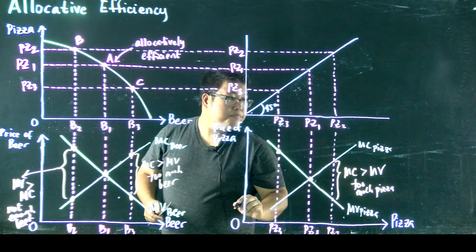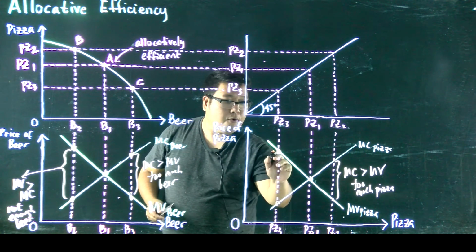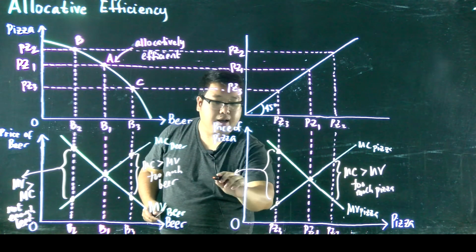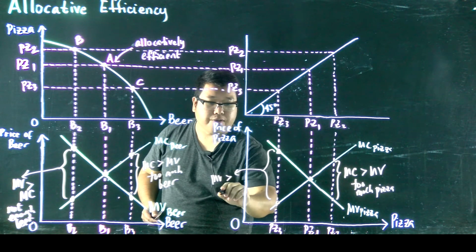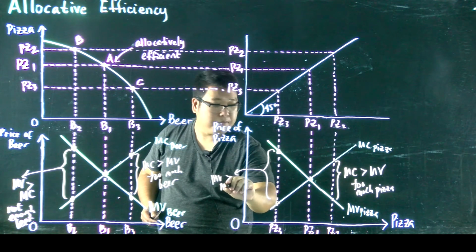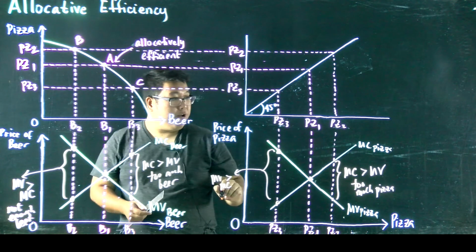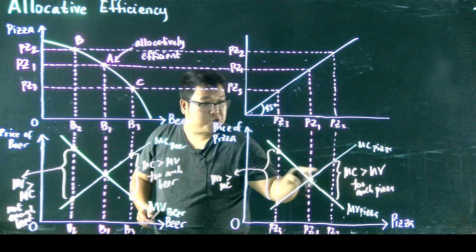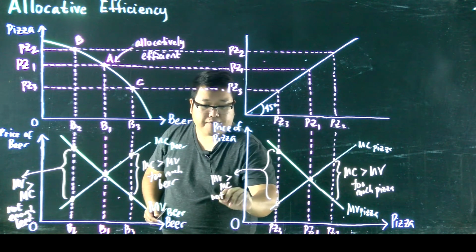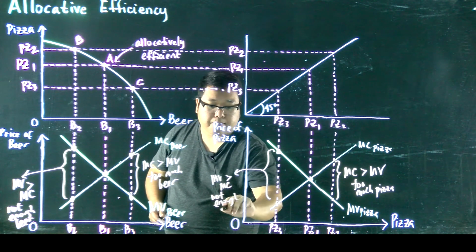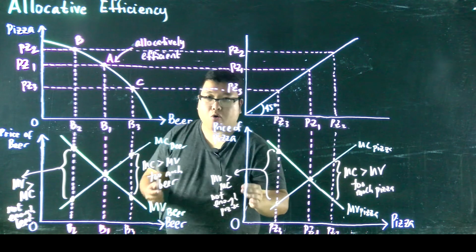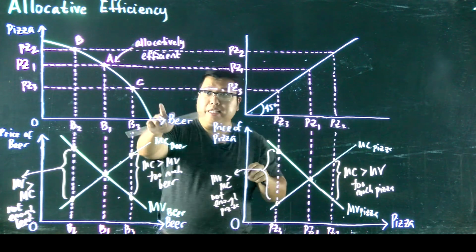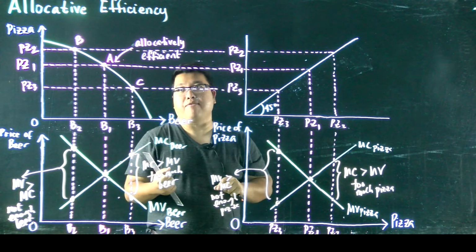The marginal value for pizza is larger than the marginal cost for pizza. Here we're producing too much beer, here we're producing not enough pizza. So again, our conclusion here is that point C is not allocatively efficient.